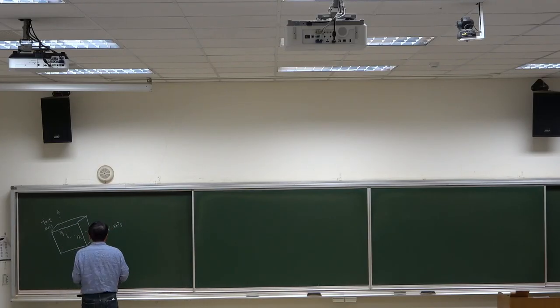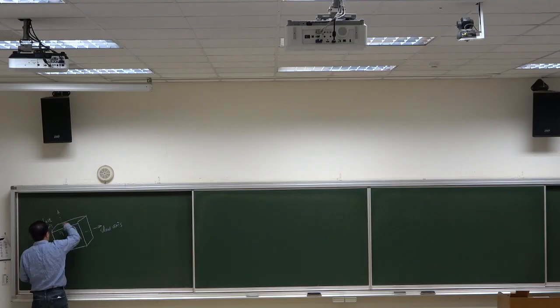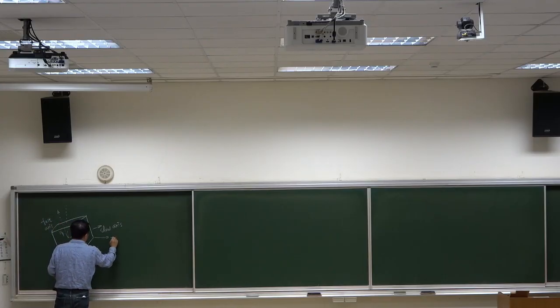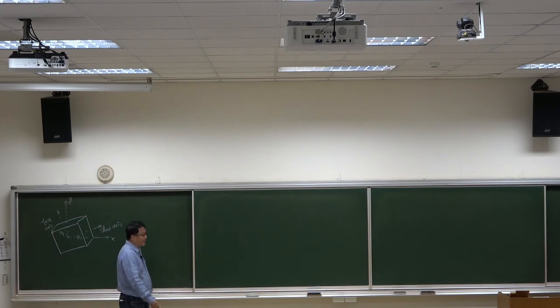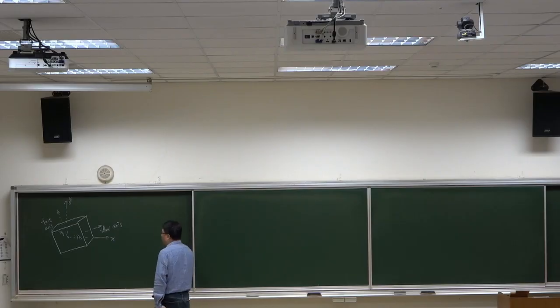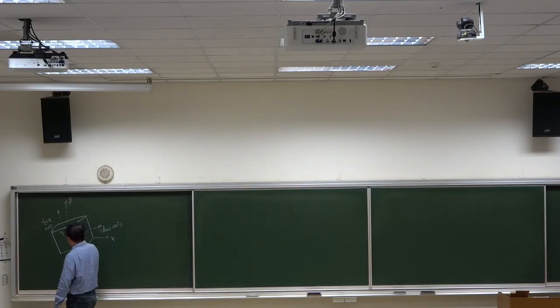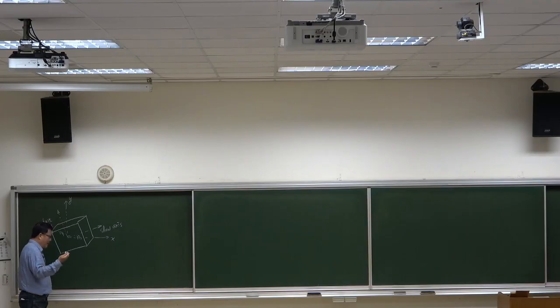Okay, 好，所以这边就变成说，我们有一个所谓的实验室坐标，x, y are the two coordinate axes in the lab. Okay.